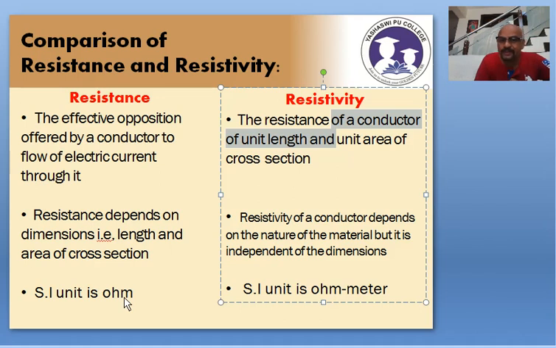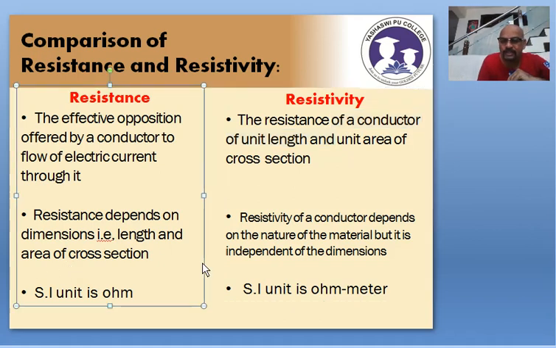The SI unit of resistance is ohm and the SI unit of resistivity is ohm meter. One more difference: resistance depends on length, area, temperature and nature, whereas resistivity depends only on nature and temperature of the material of the conductor. So this is about the comparison of resistance and resistivity.